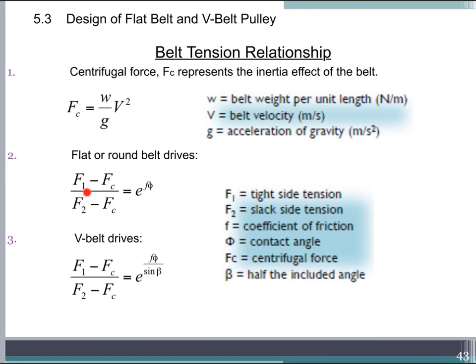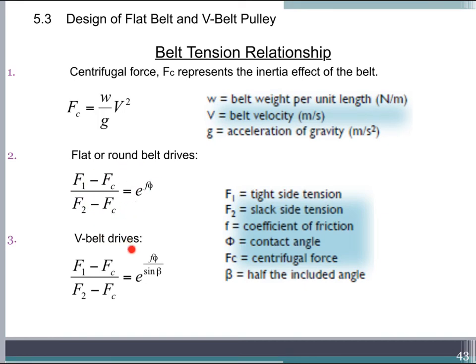So F1 is the tight side, F2 is the slack side, Fc is the centrifugal force, and then e is for the exponent, f is the coefficient of friction of the belt, and then theta is the angle of contact. So this is for the flat or round belt.